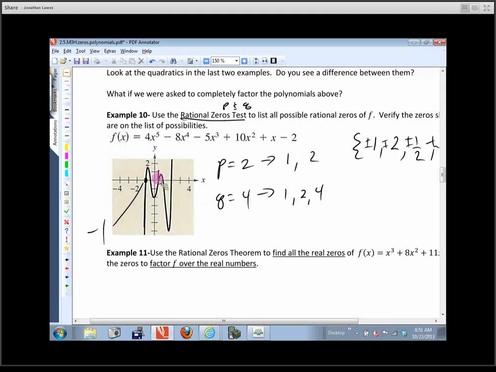What's this 0 right here? 1/2 right here. 1. And what's this one right here? 2. So I've got a -1, a 1/2, a 1, and a 2. Are all of those on the list? Yeah. Oh, there is. Thank you very much. Yeah, I missed that one. -1/2. Thanks. Those are the zeros that you can see on the graph. Are they on our list? Yes, they are. That's all you have to do. List them and then look at it.